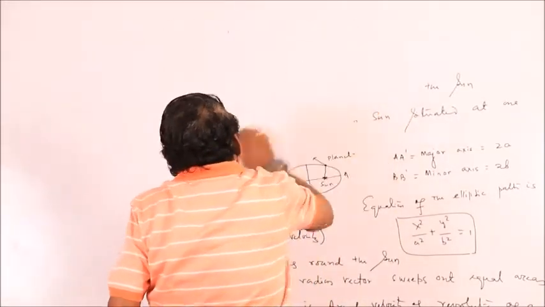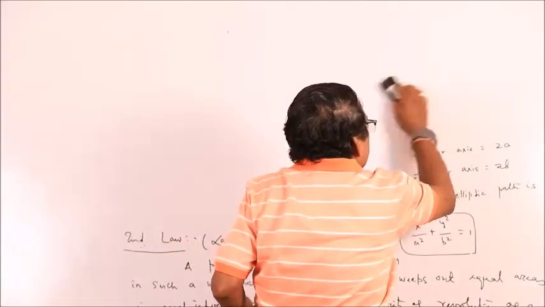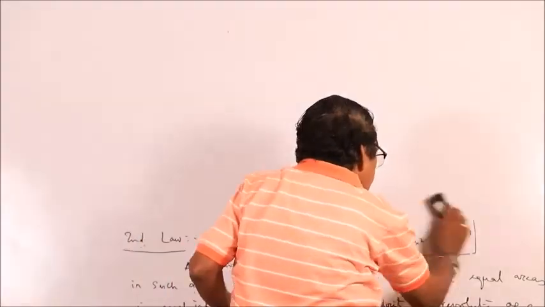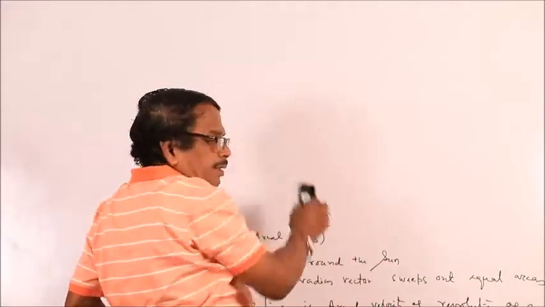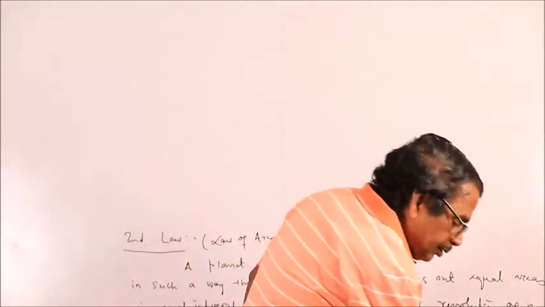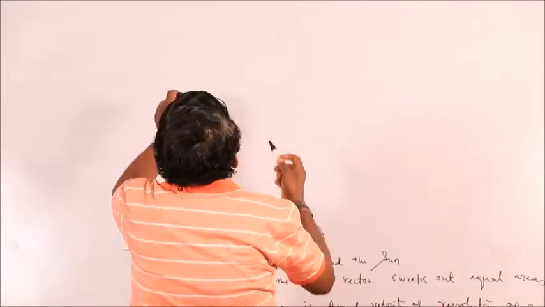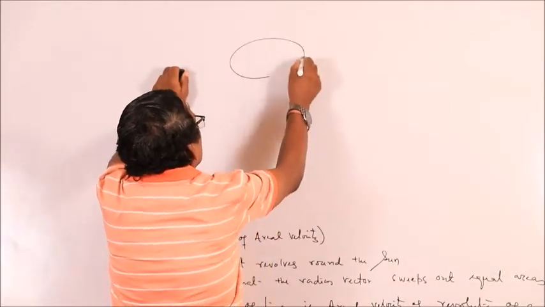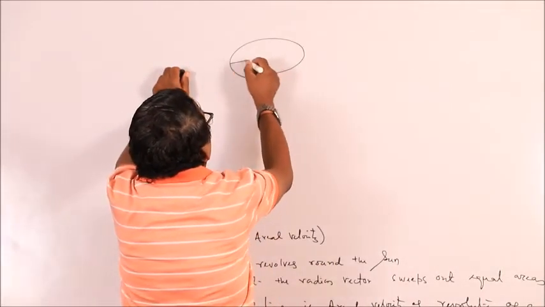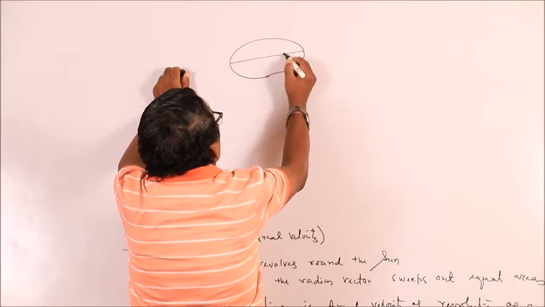So, the second law gives the idea about aerial velocity, how much area the radius vector covers. What is the radius vector? The radius vector is a straight line joining the sun with the planet. So, this is the position of the sun.